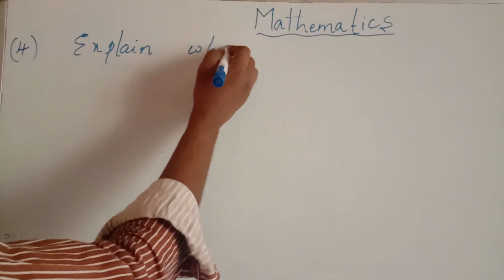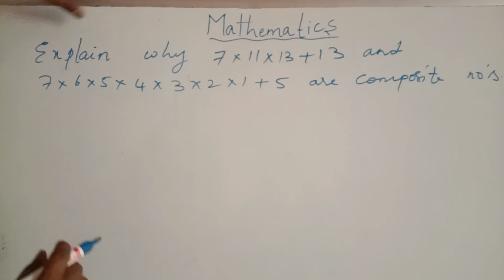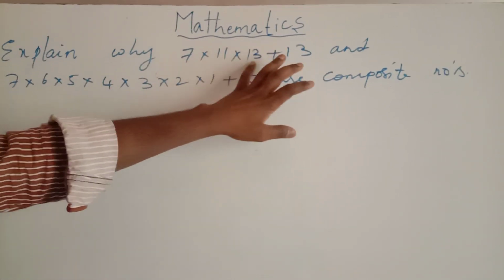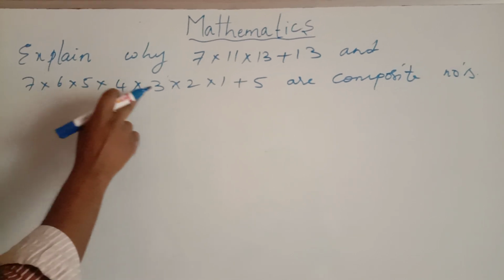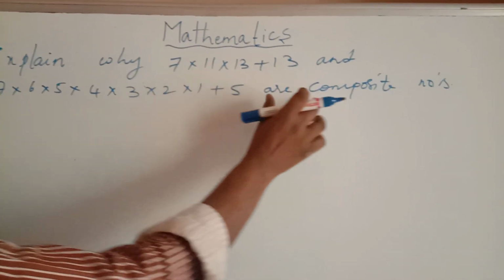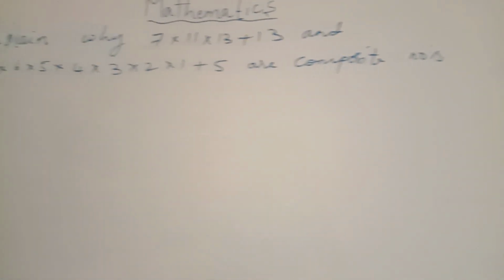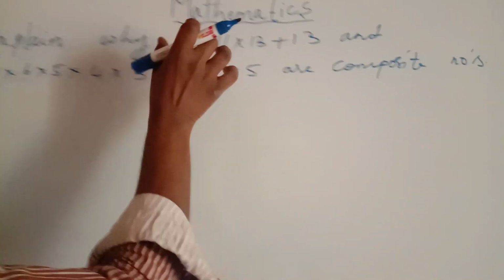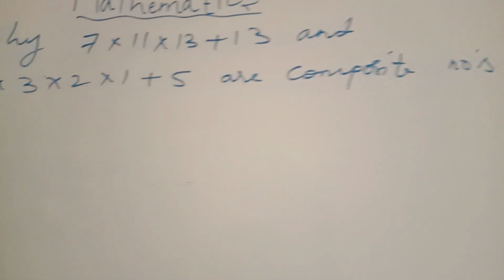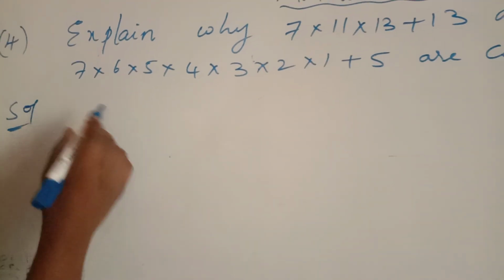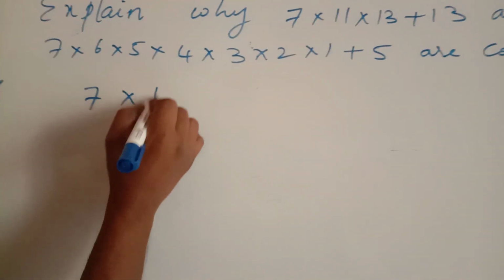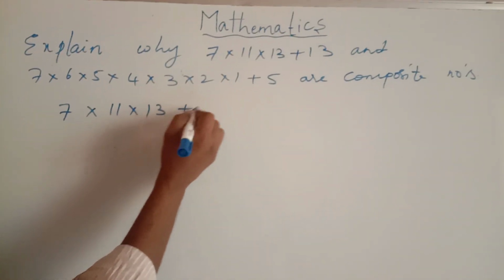The fourth question is, explain why 7 into 11 into 13 plus 13 and 7 into 6 into 5 into 4 into 3 into 2 into 1 plus 5 are composite numbers. Now you are going to explain how each number is a composite number. Take 7 into 11 into 13 plus 13.